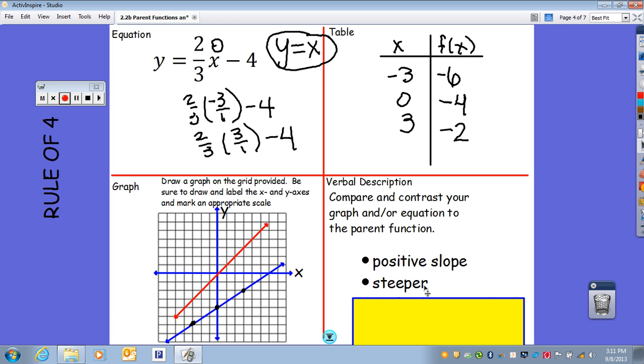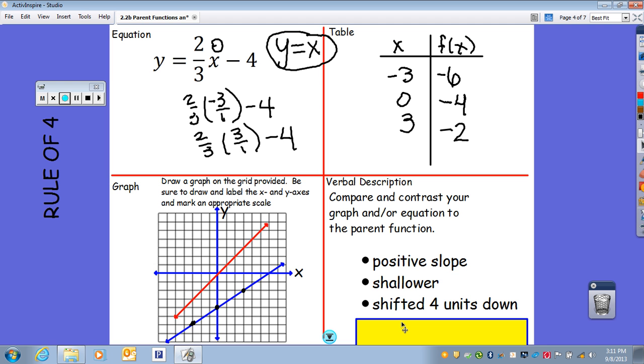It's actually shallower. And the last thing to look at is the y-intercept. The y-intercept of our parent function is at (0, 0). Our new y-intercept is at negative 4, which means that our new function has shifted down 4 units.